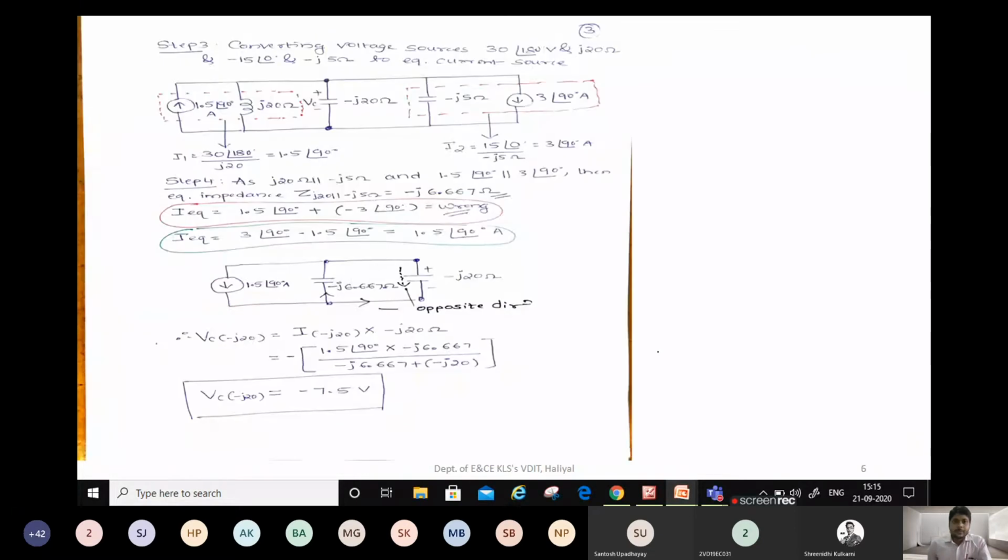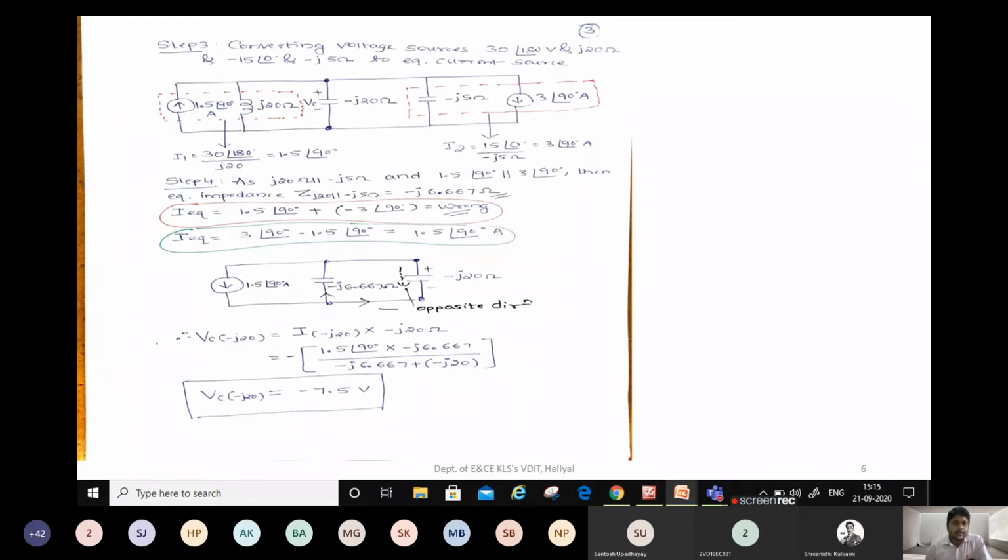So once you convert them into equivalent current source with the same approach, what you will be getting is this one. So 1.5 at an angle 90 degree in parallel with J20. I have shown the steps here, and here also you will be getting this. Okay. So here you need to just consider the magnitude.